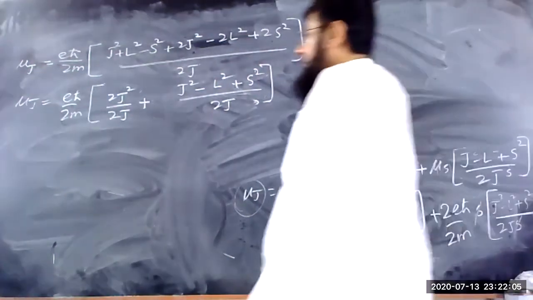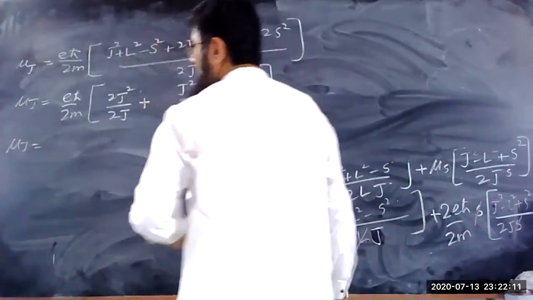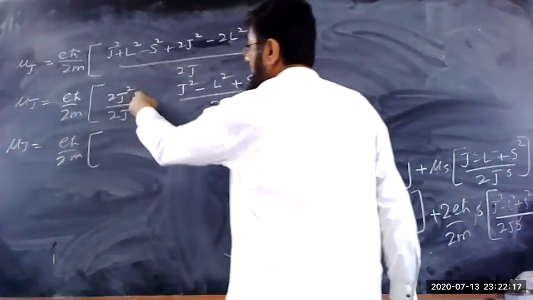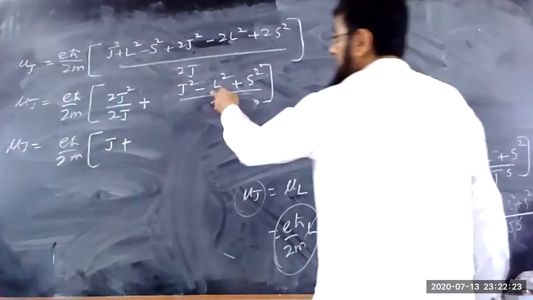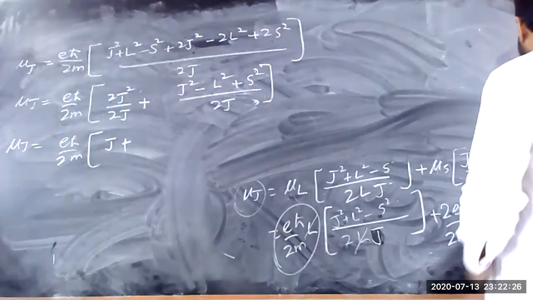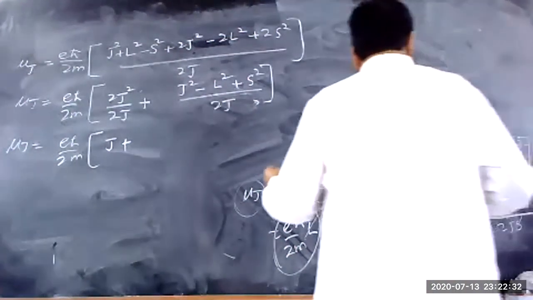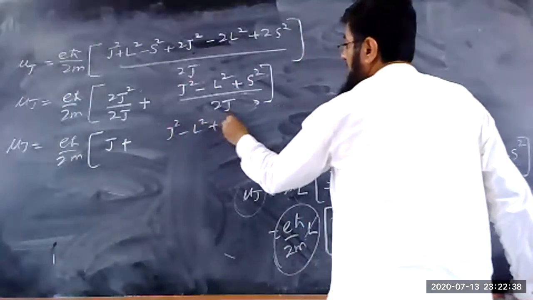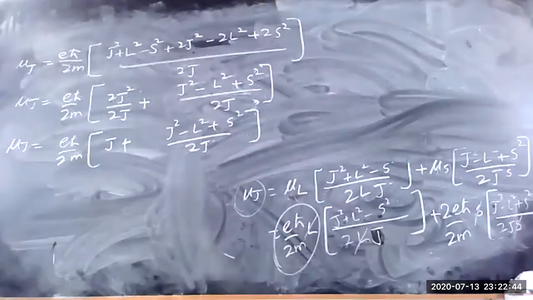So this mu J is the magnetic moment due to the total angular momentum, which is equal to e h cut over 2m. This is 2J square upon 2J, which gives you J, plus J square minus L square plus S square upon 2J.